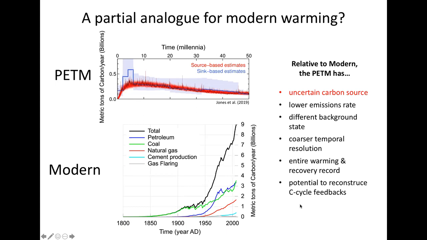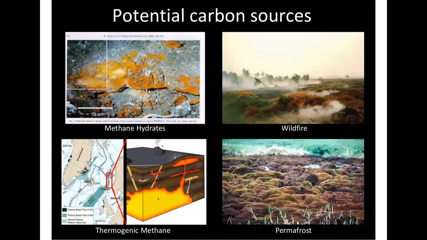But the big issue is that in order to actually exploit this geological record of warming and recovery, what we really want to do is to try and find out something fundamental about how the carbon cycle changed through that time period. And that's actually really difficult because, certainly up till the last few years, there's been a lot of uncertainty over the source of carbon for the PETM.